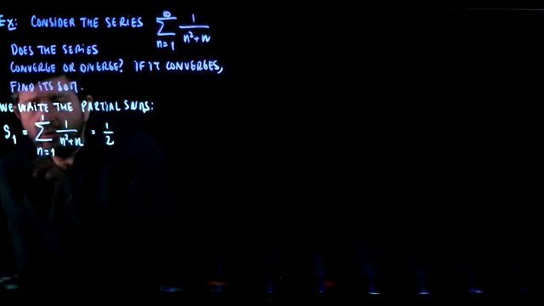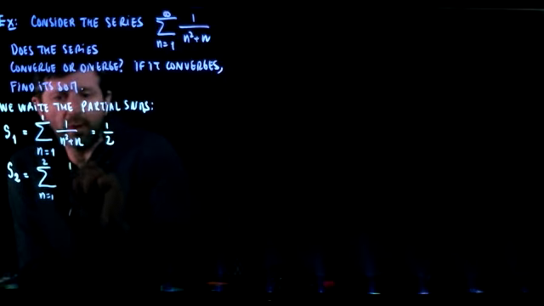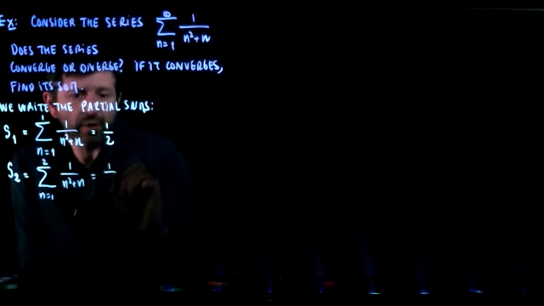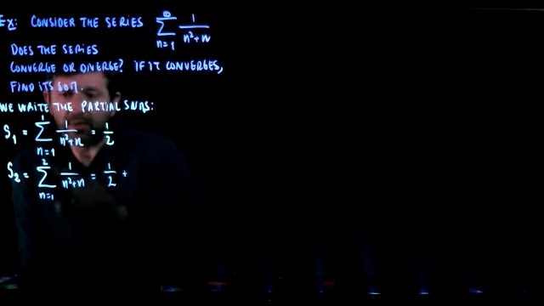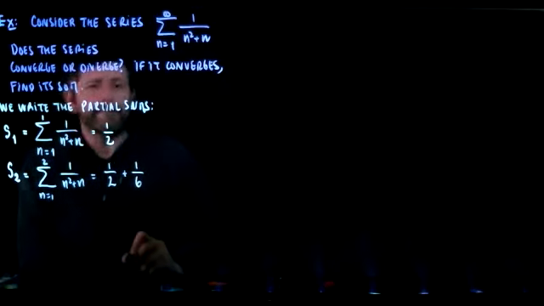Then I'm going to do the second partial sum, S2, which is the sum where n goes from 1 until 2 of 1 over n squared plus n. So now I get 1/2 plus, and when n is 2, I get 2/6, so I get 1/2 plus 1/6.